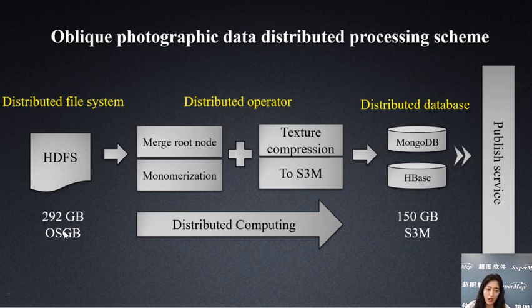We stored 292 GB of original oblique photography data in the distributed file system, the HDFS system, and then distributed the calculation, and the result data S3M are generated and stored in a distributed database like MongoDB or HBase, and then published as a service, and the final result is very good.